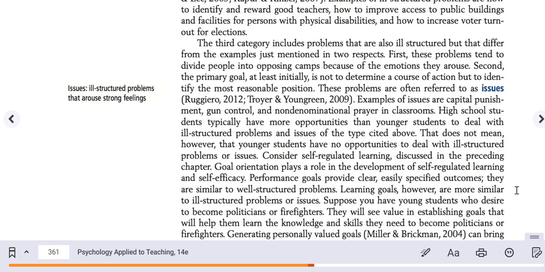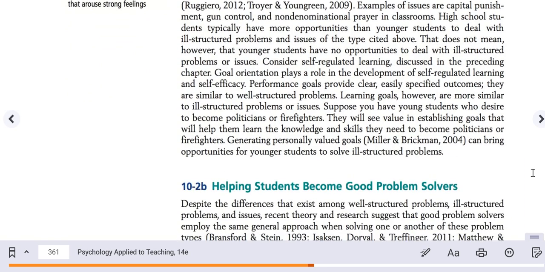They are similar to well-structured problems. Learning goals, however, are more similar to ill-structured problems or issues. Suppose you have young students who desire to become politicians or firefighters. They will see value in establishing goals that will help them learn the knowledge and skills they need to become politicians or firefighters. Generating personally valued goals can bring opportunities for younger students to solve ill-structured problems.